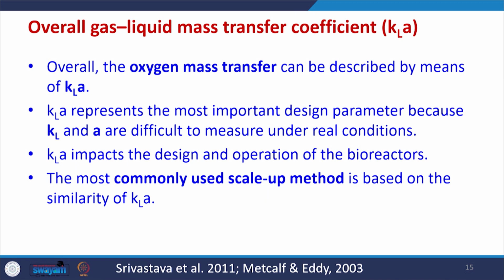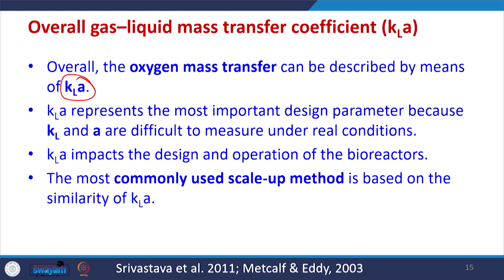Overall, the oxygen mass transfer can be described by means of KLA if we can find it out. KLA represents the most important design parameter, because KL and A individually are very difficult to measure under real conditions, and overall we can find out the KLA.